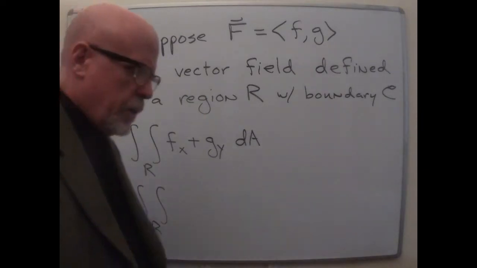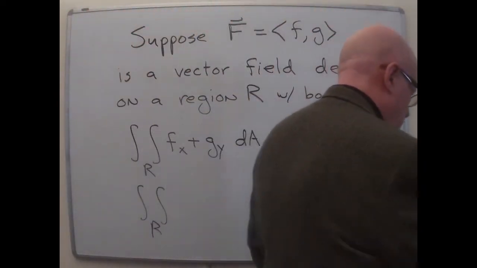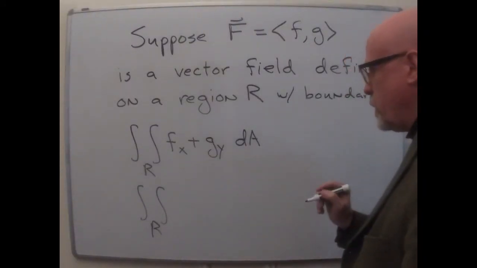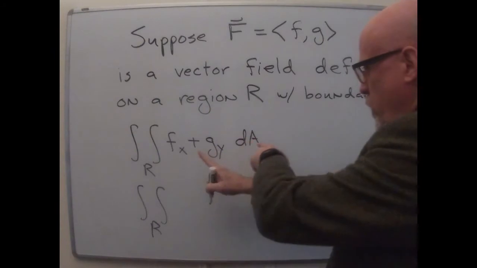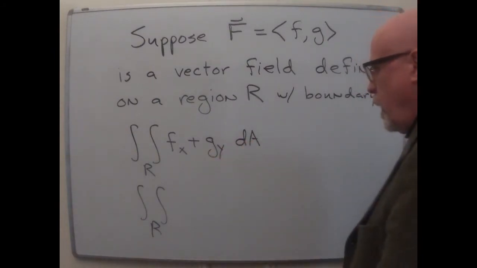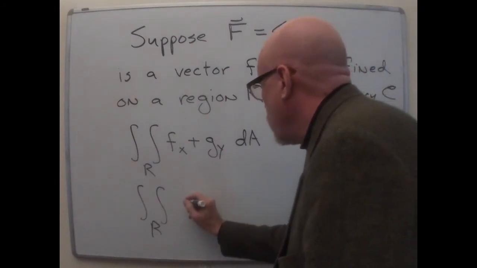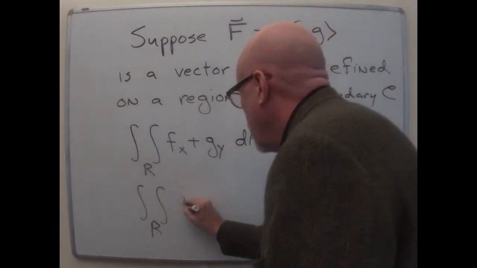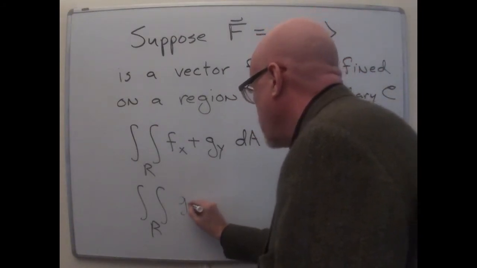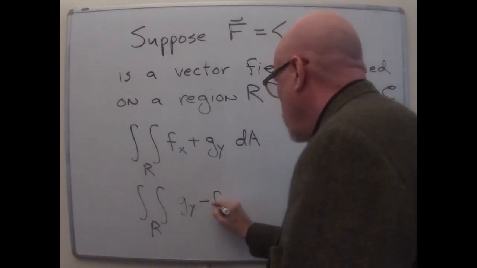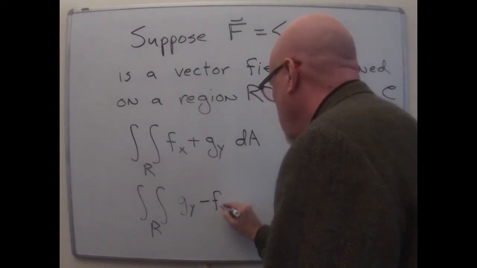The other integral is weird because it has f and g switched and also a minus sign thrown in. Where this weird formula comes from, we'll have to wait until the next chapter to see. Actually, I think I'm going to give you a presage of it. But it's g sub y minus f sub x.